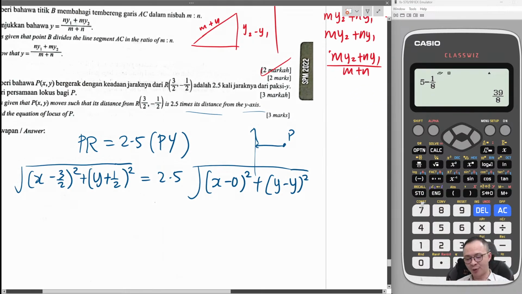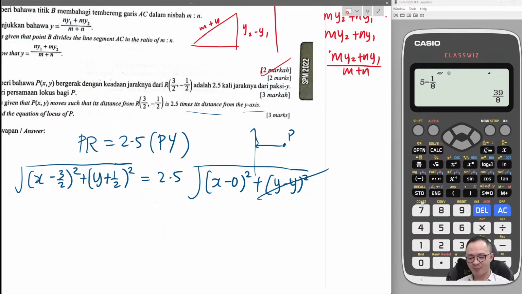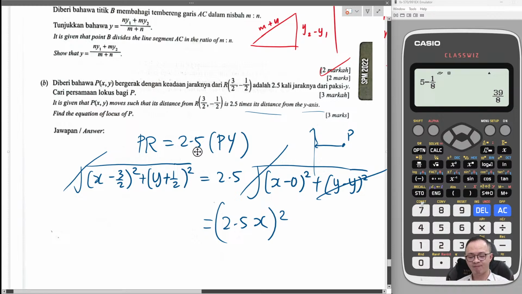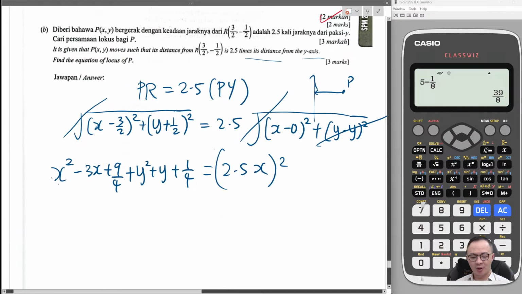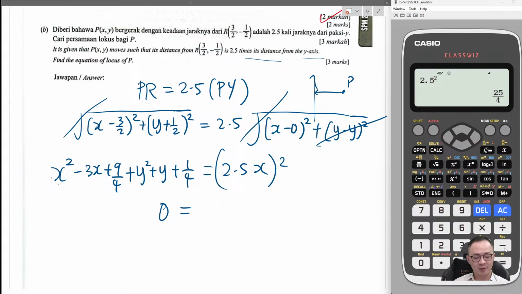So this one 0. So here I will get 2.5x. The square root moves here, I will get a square because I want to cancel all the square roots now. So 2.5x I will just square it. This one here I will expand: x squared minus 3x plus 9 over 4, y squared plus y plus 1 over 4. Then I will just do 2.5 squared and then minus 1.